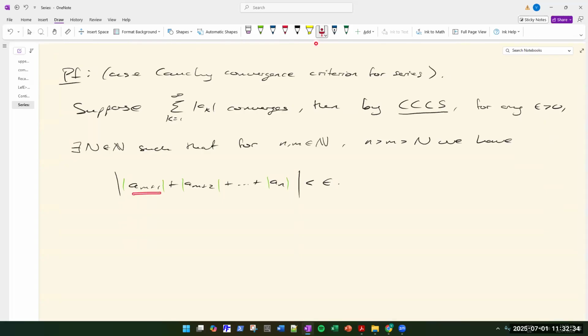Why am I taking the modulus of these terms? Because what do these terms look like? They look like the modulus of a_k. So it's the modulus of these things, right? Of course, I don't need to put the outermost modulus because I'm adding together non-negative numbers. So the modulus of a non-negative number is still that number, right?